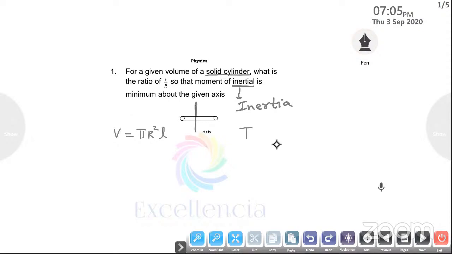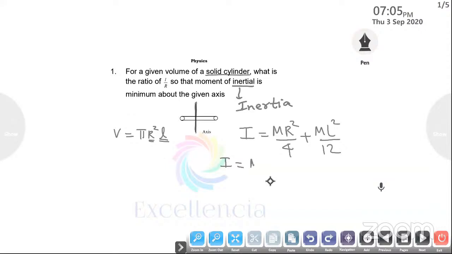The formula is m r square by 4 plus m L square by 12. This is the moment of inertia formula. Let's substitute here. You can either substitute the value of R into the equation, or you can substitute the value of L into the equation.